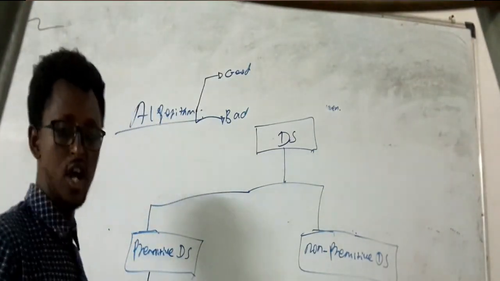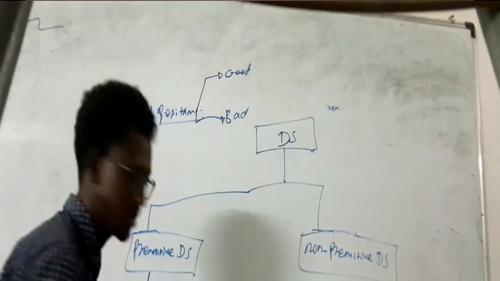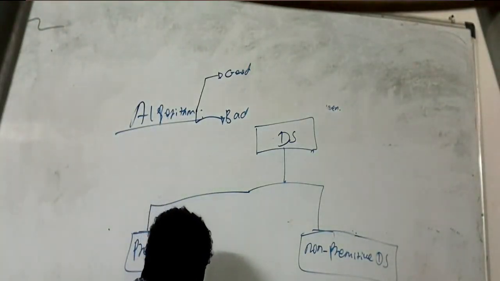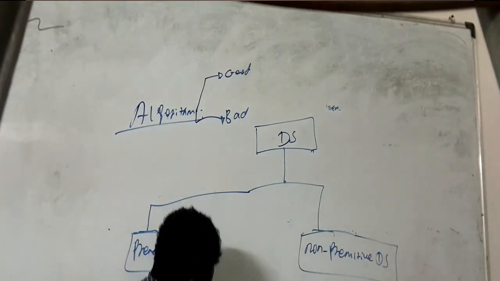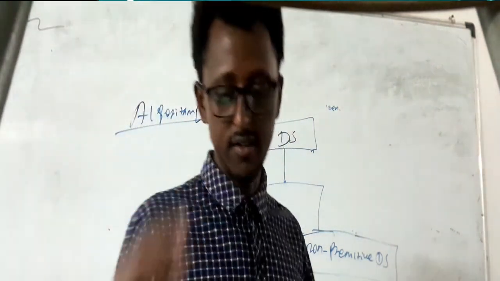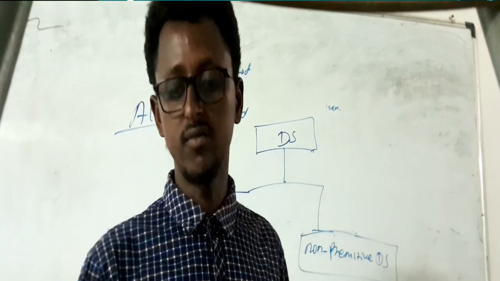What's the next one? Constants, string constants. Yeah, string constants. These are primitive data types.